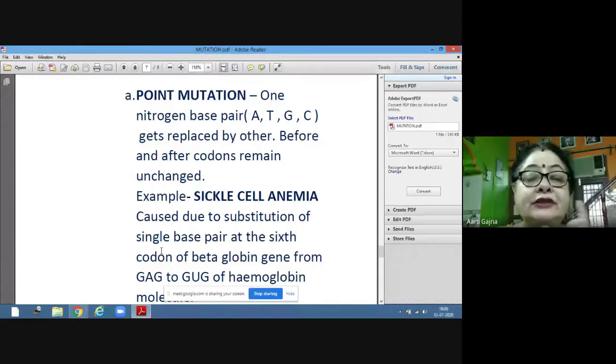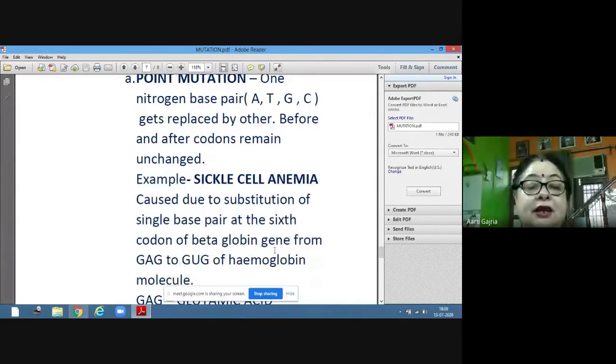So in this sixth codon, that is coding for the beta globin gene, it changes from GAG, that means guanine, adenine, guanine, to GUG in the hemoglobin molecule, and that results in sickle cell anemia.